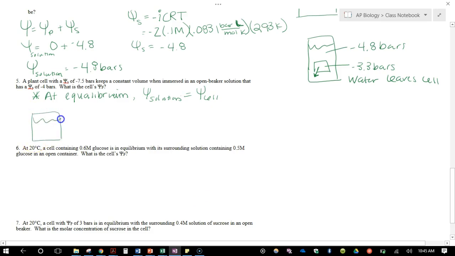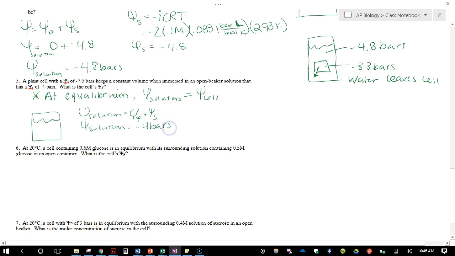Our goal here, we know that the open beaker solution has a solute potential of negative 4 bars. Remember, the water potential of the solution equals pressure plus solute, and at this point you probably know pressure is 0. So the water potential of our solution is going to equal the solute potential, which is negative 4 bars.